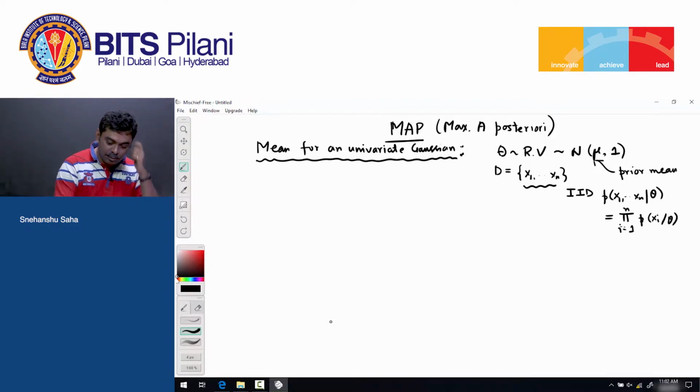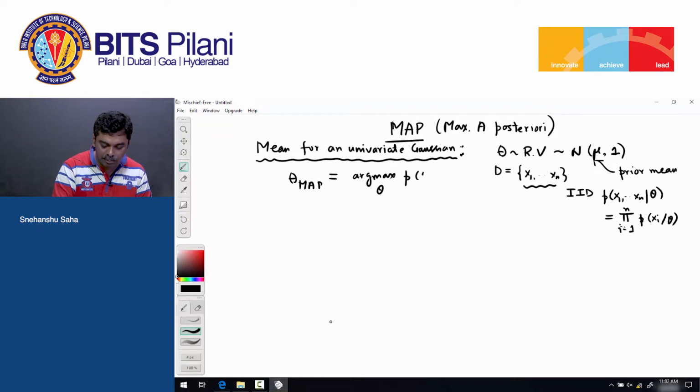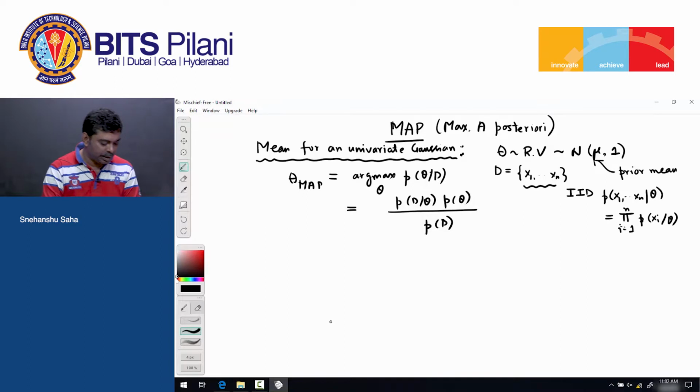So these are standard. What I know is the maximum a posteriori estimate, or MAP, is nothing but finding the maximum on this, right? And this is nothing but, from a Bayesian standpoint, correct? Now the denominator doesn't really matter because it's constant, right?